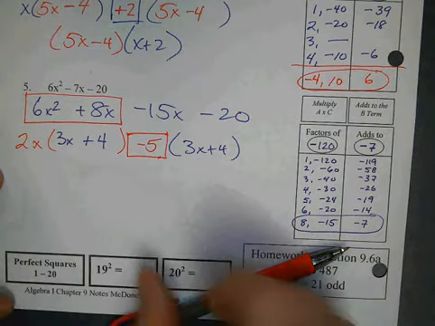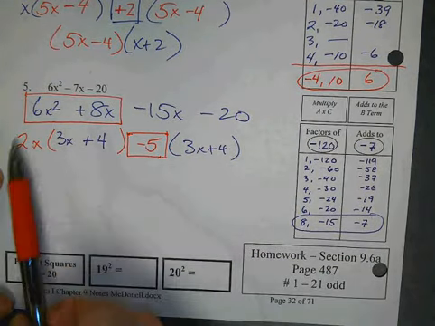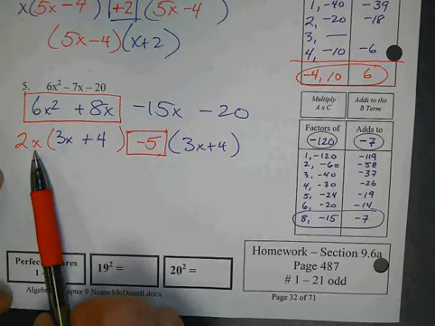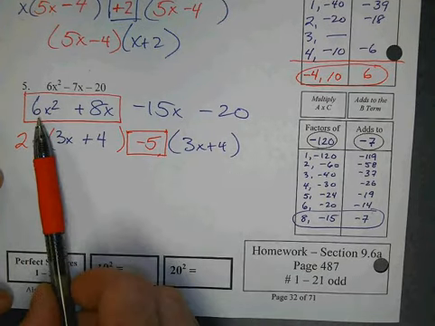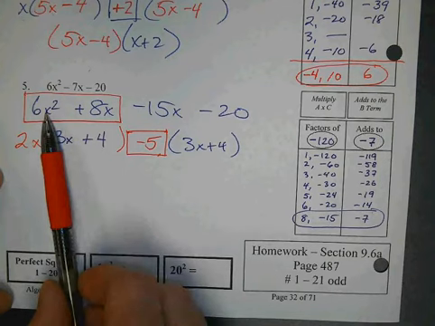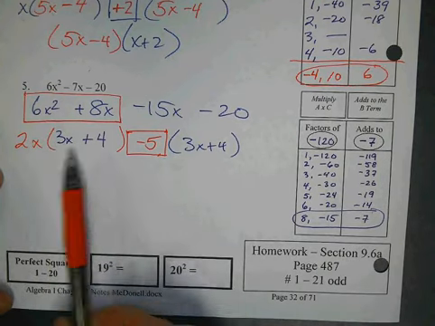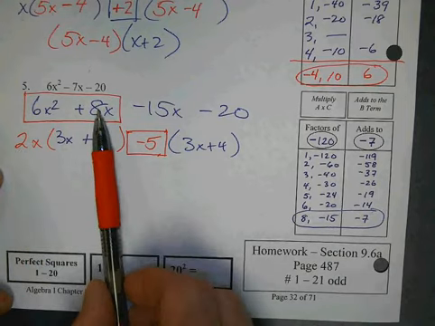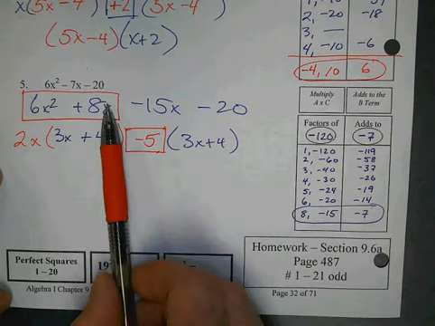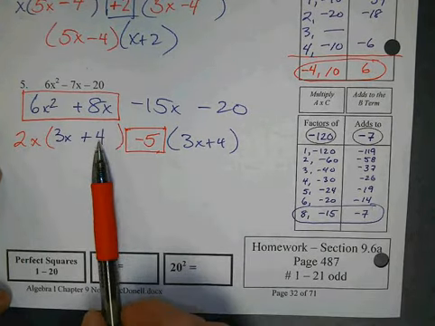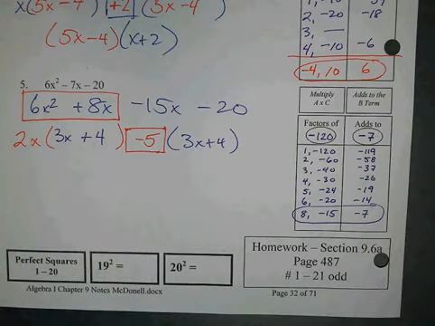Effectively you're dividing 6x squared by 2x. Would you agree that 2 times 3 is 6, and x times x is x squared? So that's how you get the 3x there. Then you do the same thing back here. 2 times what is 8? 4. X times what is x? Nothing, so just 4. So it's just factoring out that GCF.